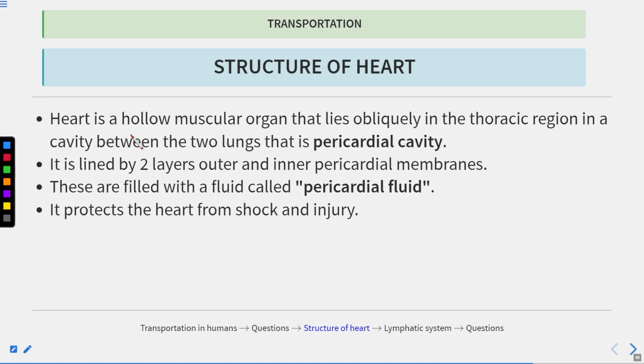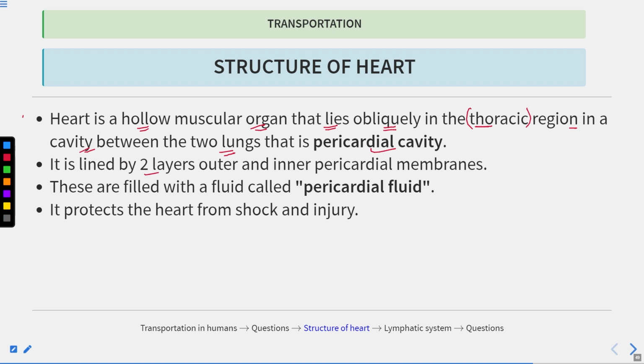Now, the heart is a hollow muscular organ, and it is made up of cardiac muscle. So what are the muscles present in the heart? Cardiac muscle. The heart is a hollow muscular organ that lies obliquely in the thoracic region, in a cavity between the two lungs, that is the pericardial cavity.